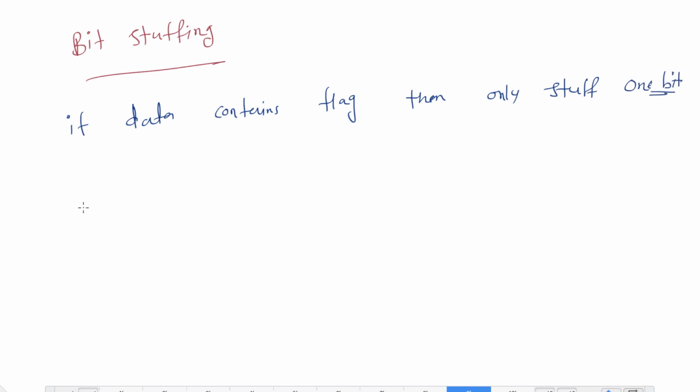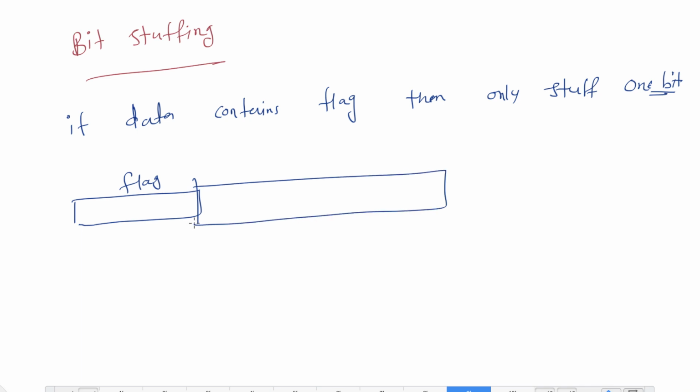Which means what? Suppose that you have some bit pattern here, which is your flag, and then you have the data, and then you have another bit pattern for the flag. If this data is containing the flag, then just stuff one bit.